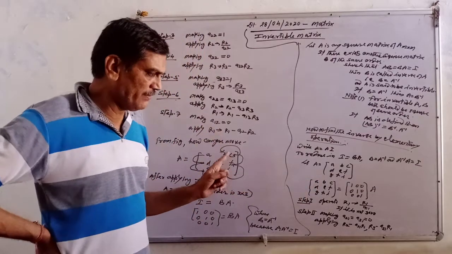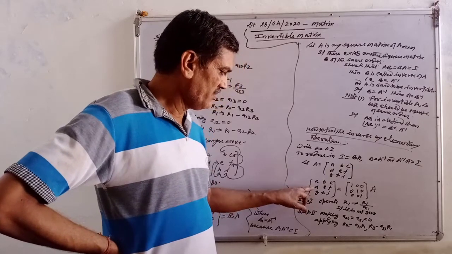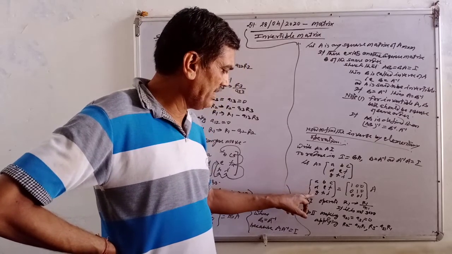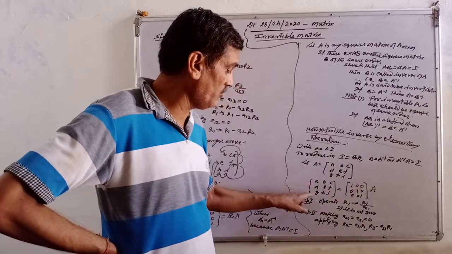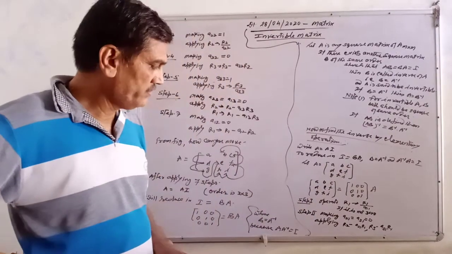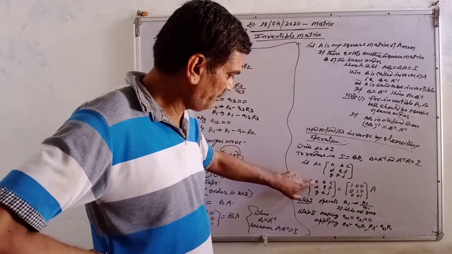Now the second step is making this and this, meaning A21 and A31, equal to 0. You will make these two values 0. Here the first element becomes 1.